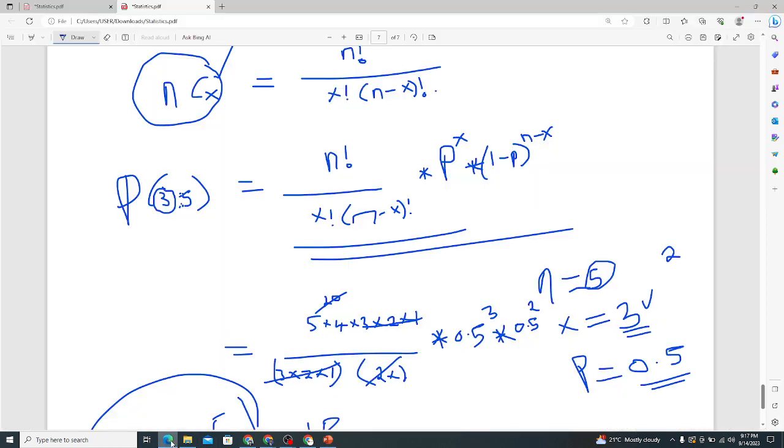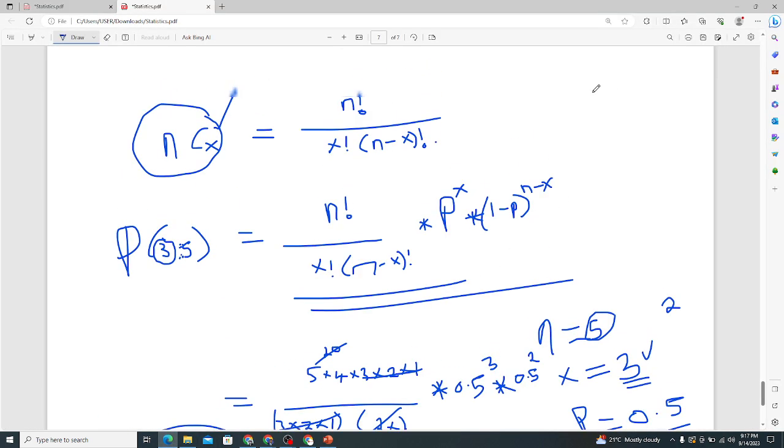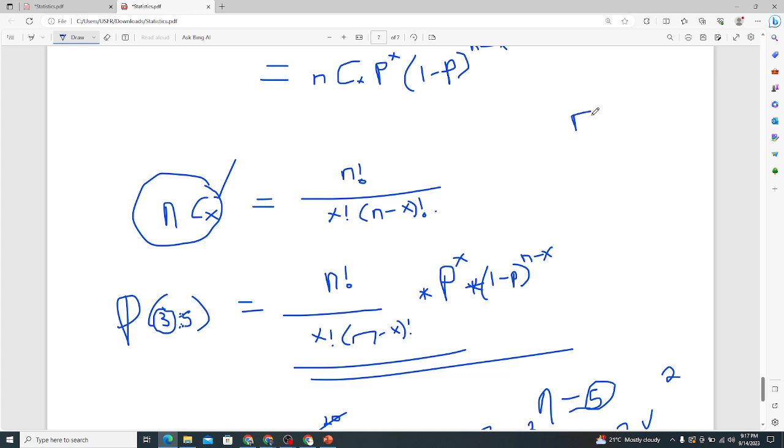So we usually say the mean of a binomial distribution is n multiplied by p, that is the total number of trials multiplied by the probability of success. You'll also see that the variance will be n multiplied by p multiplied by q.